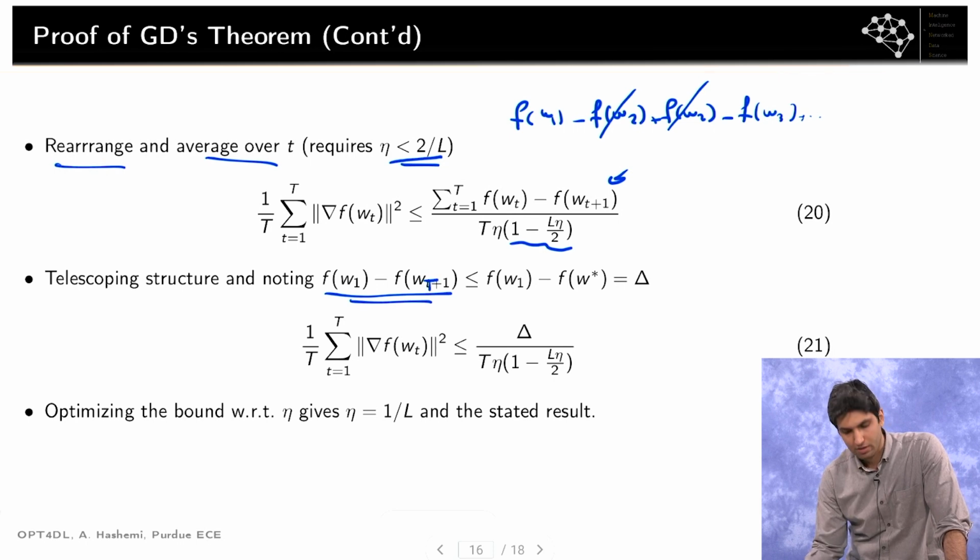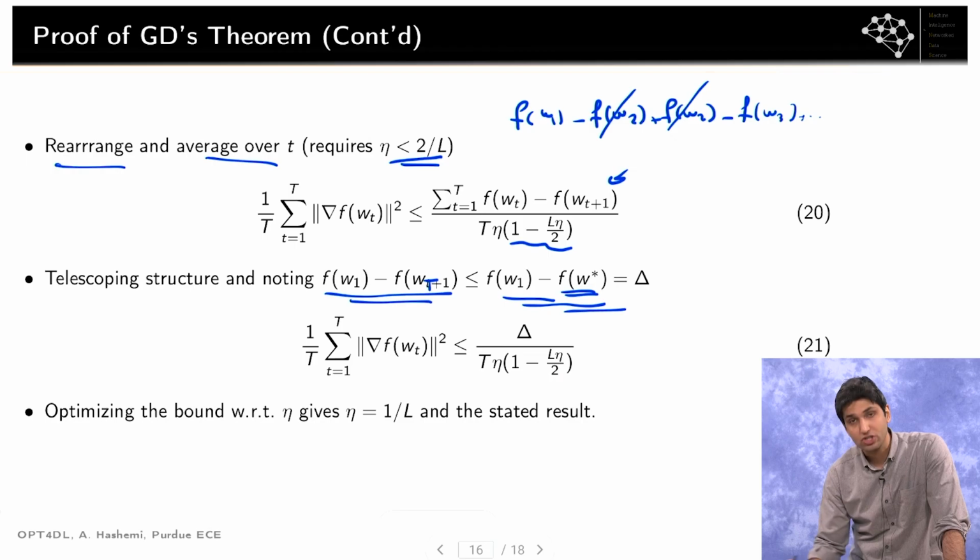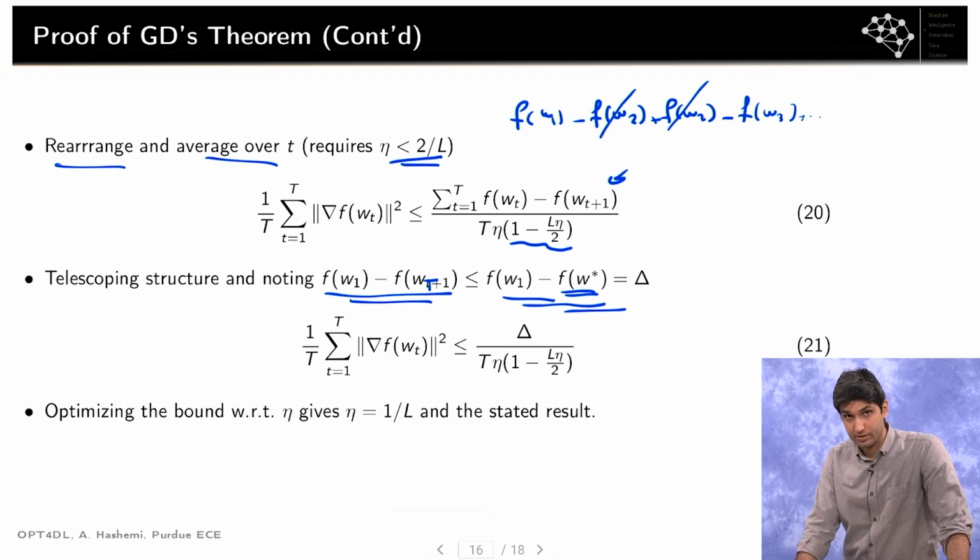Whatever W_{T+1} is, its function value is more than the optimal function value. So I can replace it with f at W star and get an upper bound. And this is nothing but the initial suboptimality that we defined and appeared in the statement of the theorem.